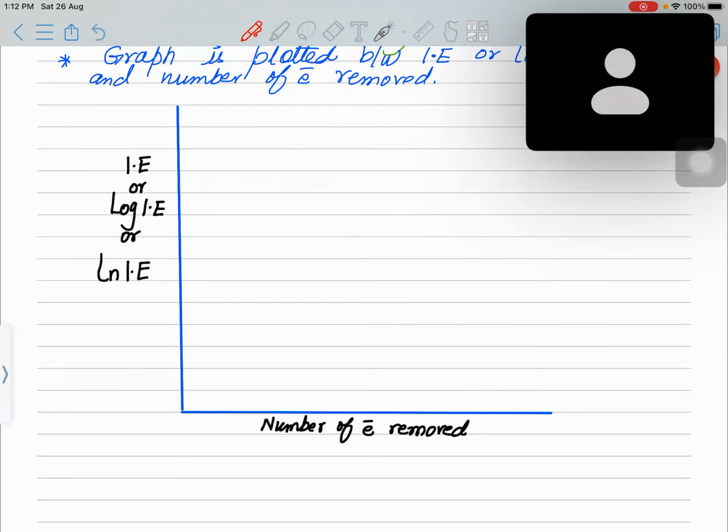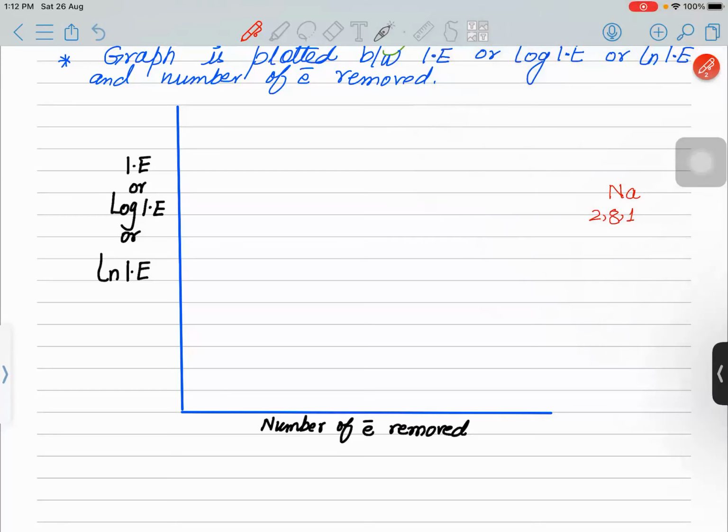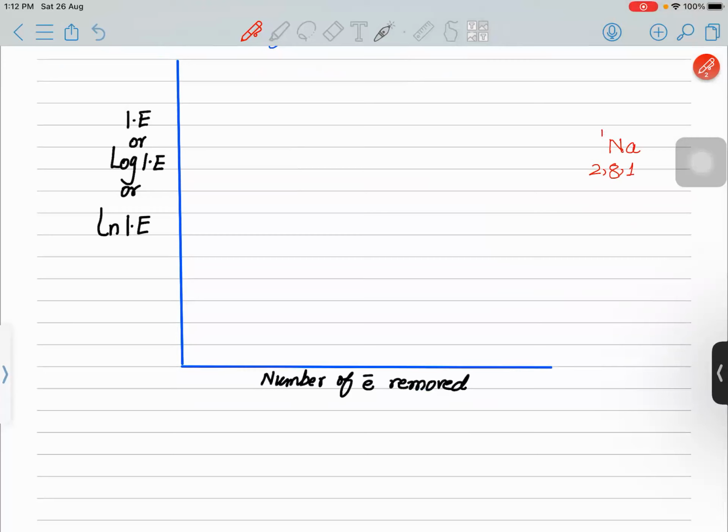Let's suppose this graph belongs to sodium. You know that sodium has 2, 8, 1, which is 11 electrons.